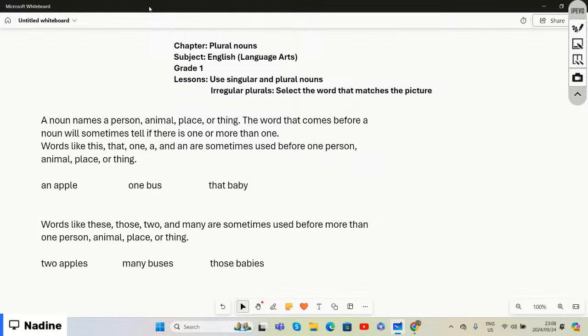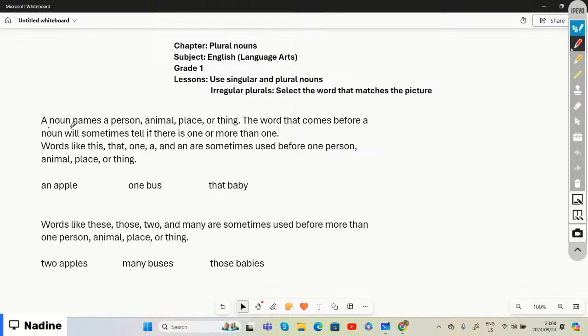When we talk about plural nouns, a noun, firstly, names a person, an animal, a place, or a thing. So that is a noun, that names a person, names an animal, names a place, or names a thing.